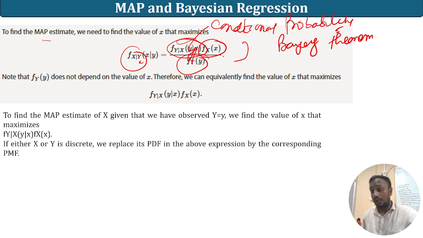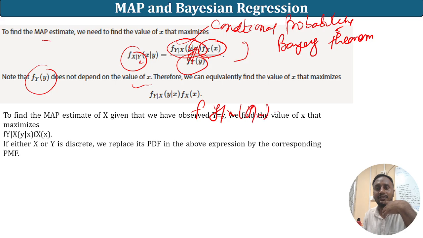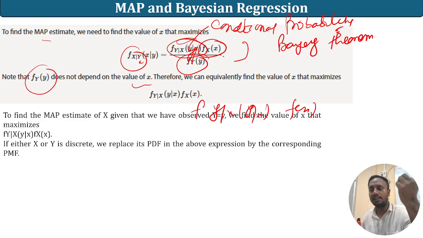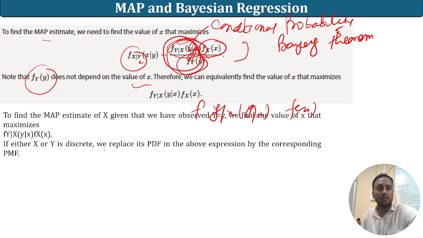If y does not depend upon the value of x, then we can write f of y given x into f of x. It means it's an independent value, so it becomes the same term. So we either observe y equal to y so that we can find the value of x that maximizes this value.